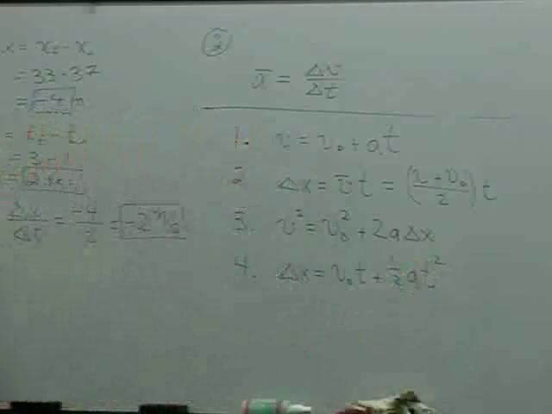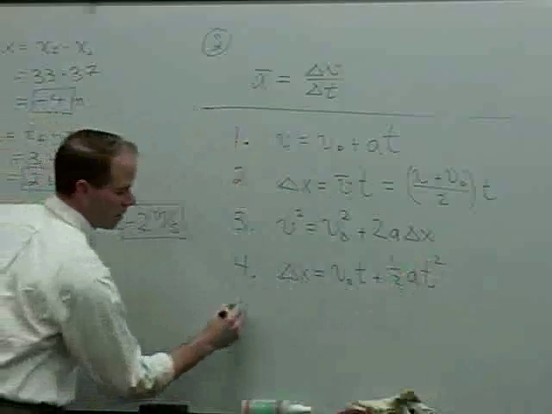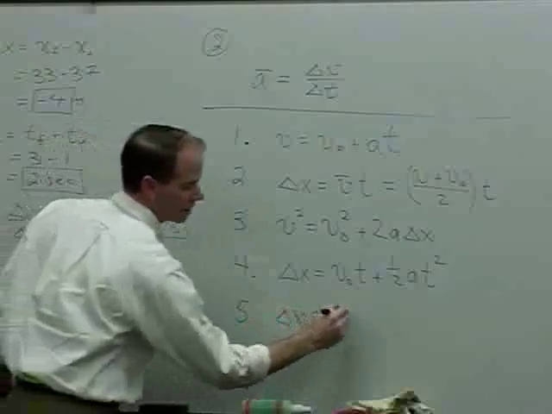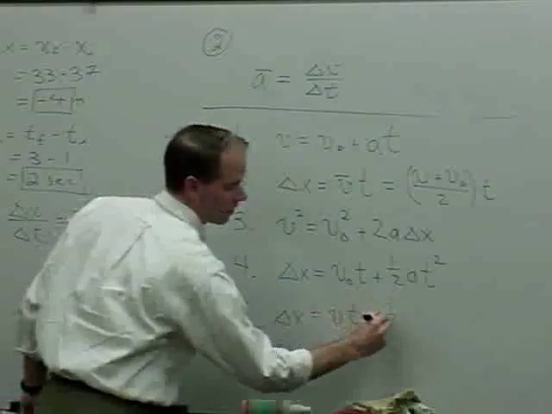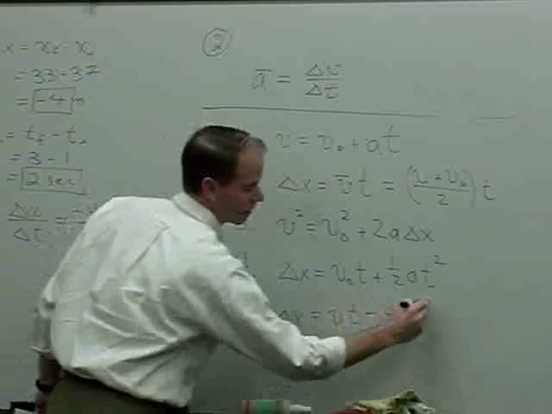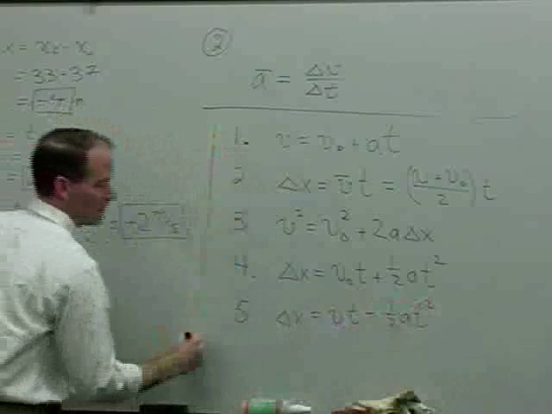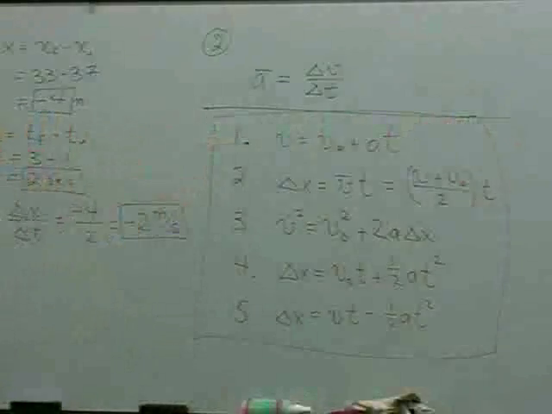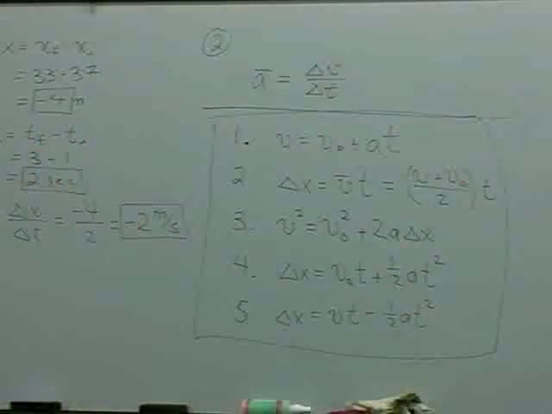And the fifth one, also displacement equals final velocity times time minus 1/2 acceleration times time squared. 5 kinematic equations. Each one has 4 kinematic variables, missing the 5th one, and that might help you decide which one to use in which situation, depending on what you're given in the problem.